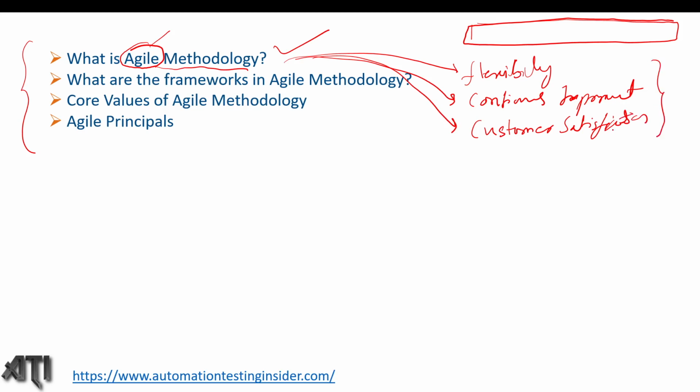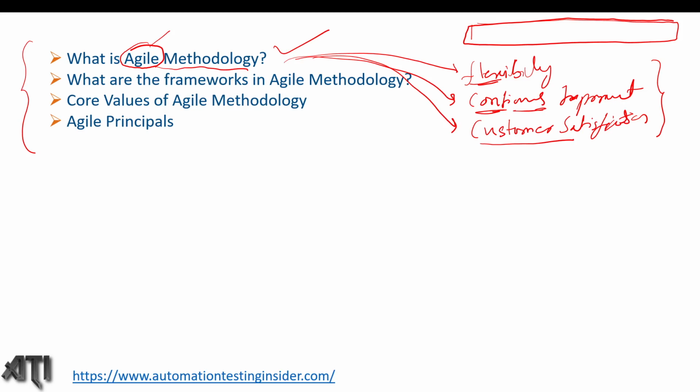So these are the three important aspects of agile methodology. We'll focus on how flexible we are. We should always focus on continuous improvement, right? And customer satisfaction. So the end user or customer is the primary focus, where we always satisfy the customer as per their requirements and needs. So this is agile methodology.